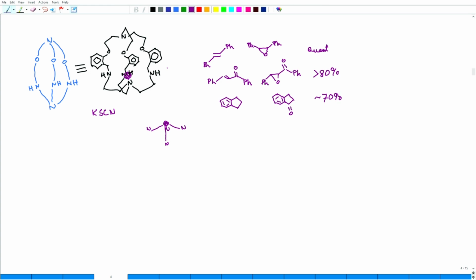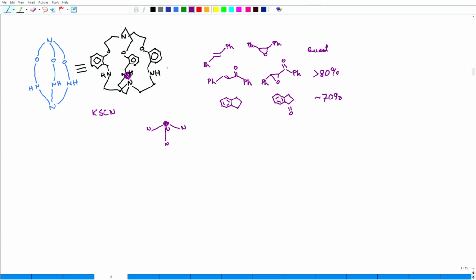Remember, what are the conditions in each case? Room temperature, and it takes up oxygen from air in the presence of isobutyraldehyde as the sacrificial agent. With these cobalt or copper cryptates, we can get this kind of oxidation products. You can get epoxides or you can get these carbonyl compounds.